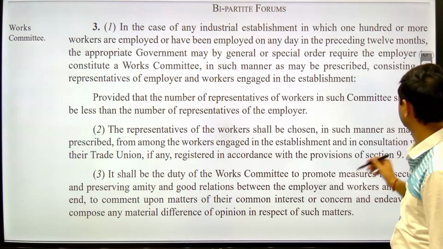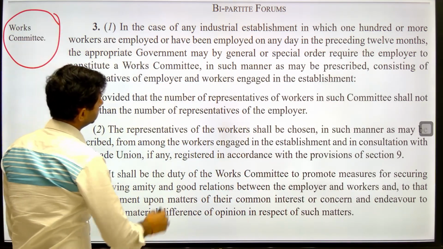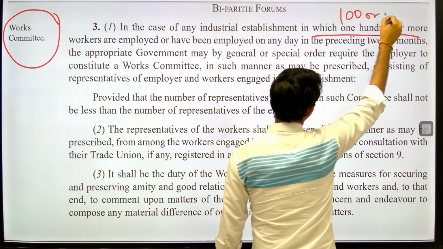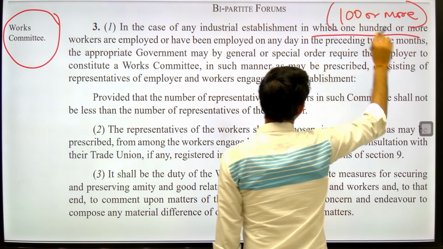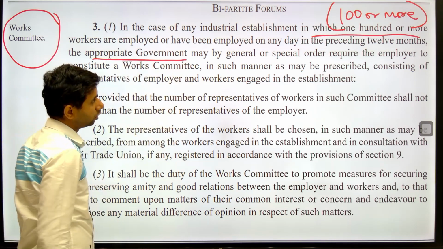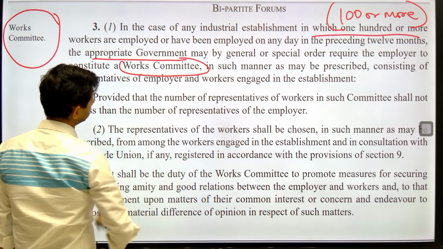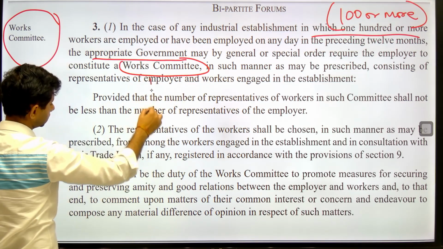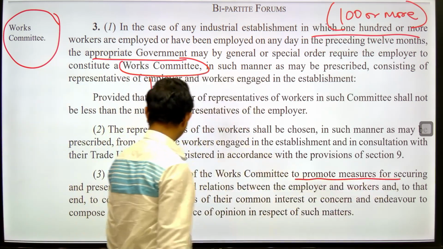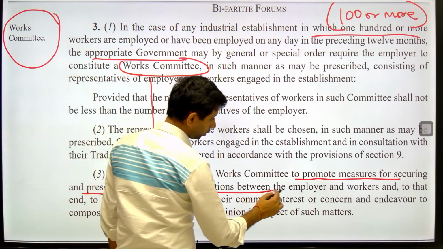So as you can see, this is the law under the Industrial Relations Code. It says that any industrial establishment in which 100 or more people are employed, then the appropriate government may by general or special order ask the employer to constitute a works committee. Okay, and it shall be the duty of the works committee to promote measures for securing and preserving amity, which is harmonious relationship between the employer and workers.